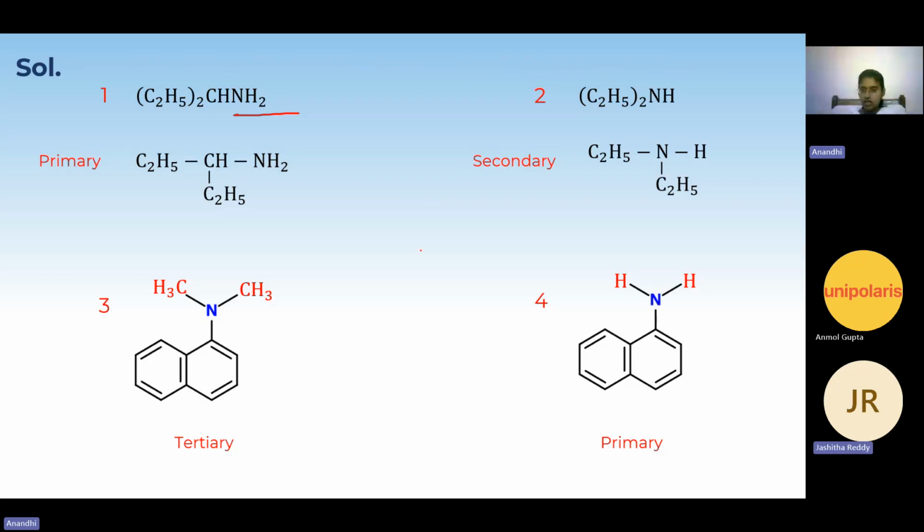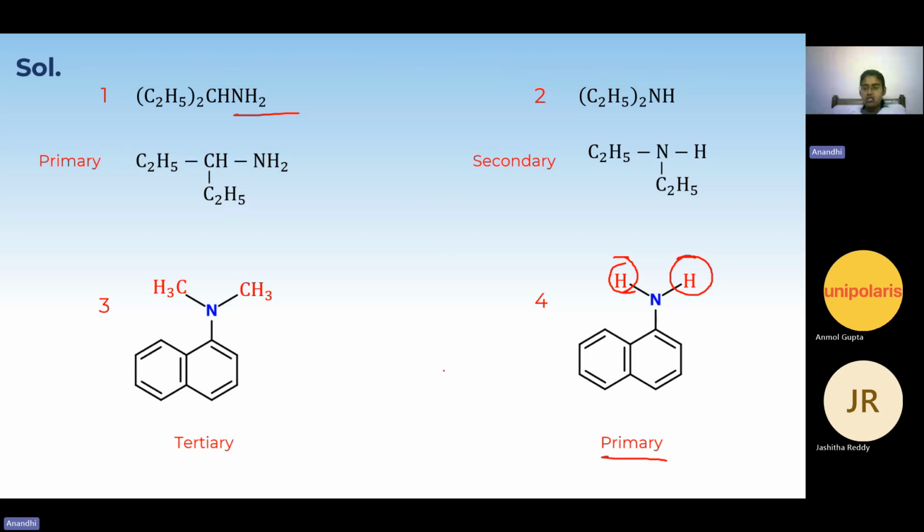They will give the nitrogen in a tertiary-looking format, but it is not tertiary. It is NH2, so it is primary. Most students will go for the tertiary option, so you should not make any mistakes there. This is how you have to solve. Otherwise, your board exam will be a little bit easy only.